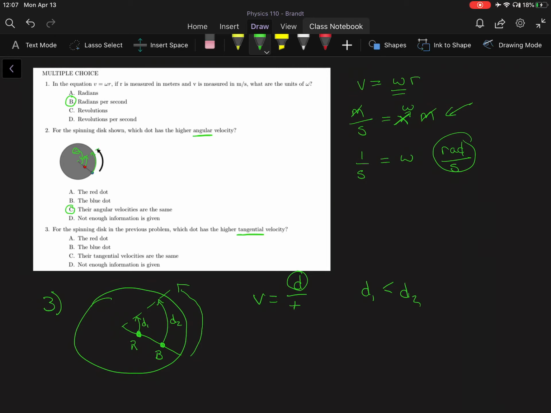So then the velocity of the red dot is going to be D1 over T, and the velocity of the blue dot is going to be equal to D2 over T. The T's are the same, D2 is bigger, so that means that the velocity of the blue dot has to be larger because of this relationship applied to both of those. So the blue dot has a higher tangential velocity.